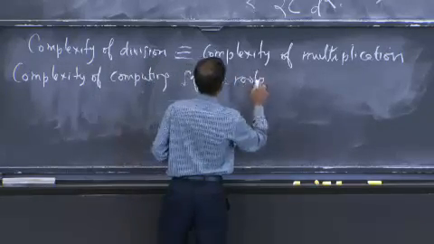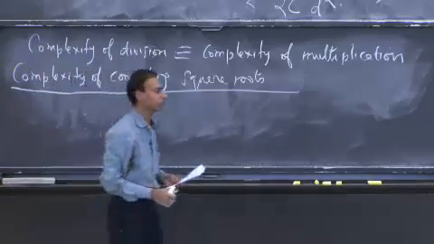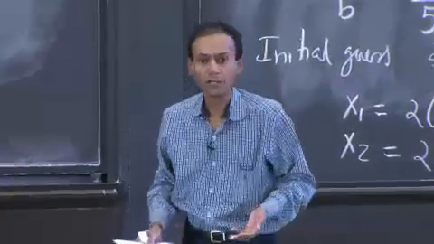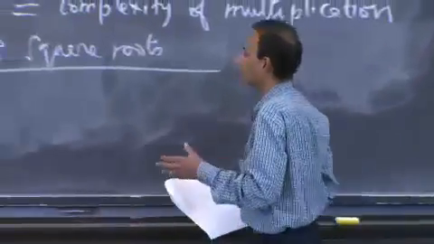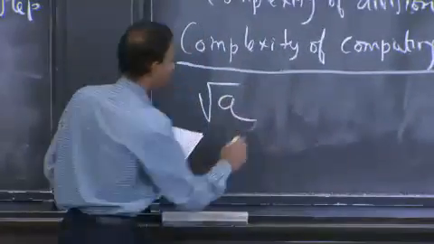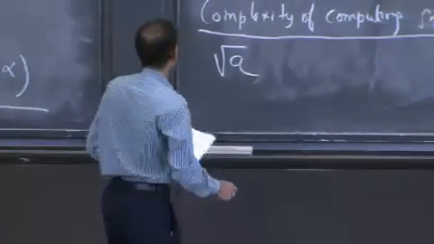And as you can imagine, even though you have two nested Newton iterations here, you can make basically the same argument. Okay? So let's recall what we're doing in terms of computing square roots. So we want to compute the square root of a. Okay? And we said, well, we don't quite know how to do this.